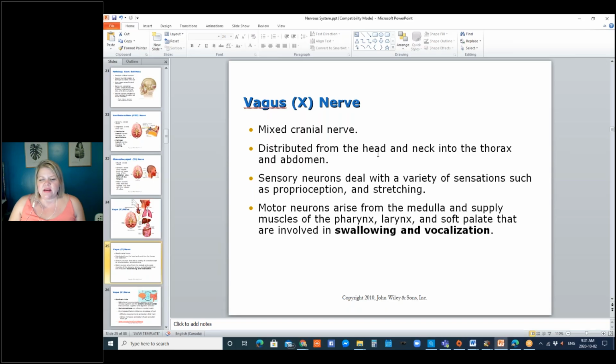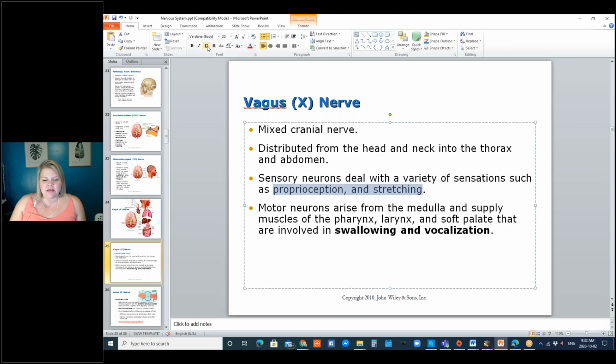It is distributed from the head and neck into the thorax and the abdomen to serve those organs. The sensory portion has to do with the sensing of proprioception, position in space, and stretching, whereas the motor neurons feed impulses to the pharynx, larynx, and soft palate, which is involved in swallowing and vocalization.